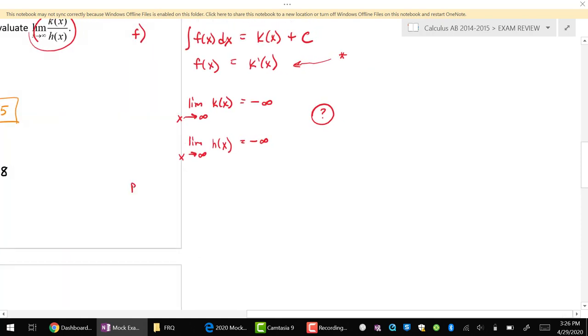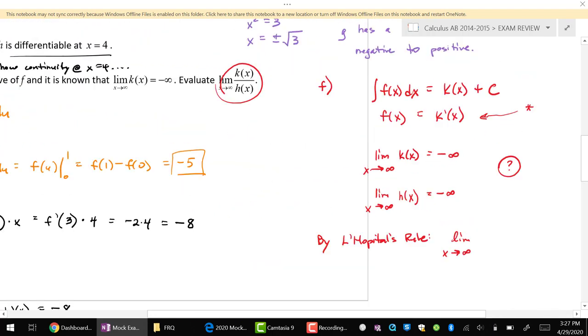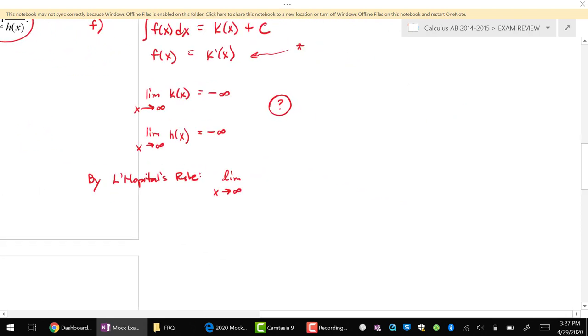So how about this? By L'Hopital's rule, I can make the claim that the limit as x approaches infinity of the original problem, k divided by h, can be equal to the limit as x approaches infinity of k prime divided by h prime.